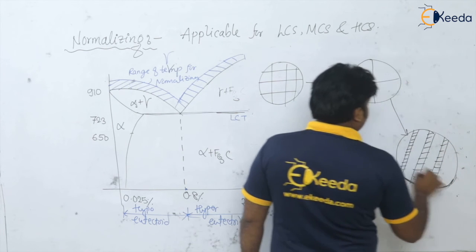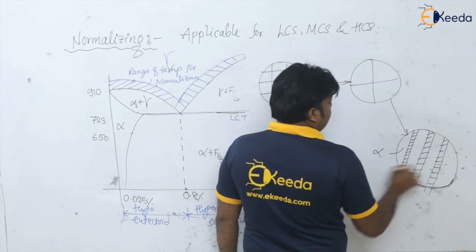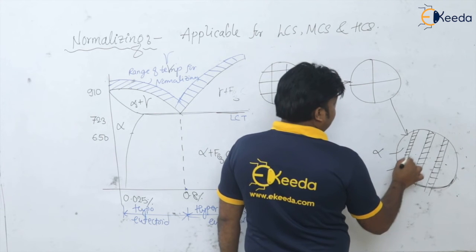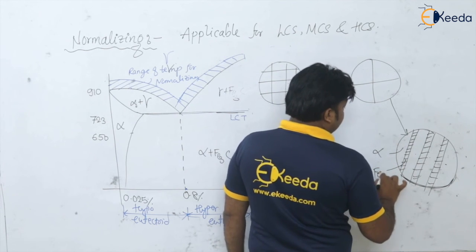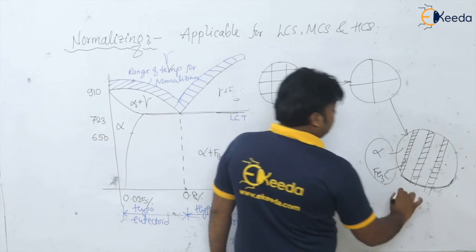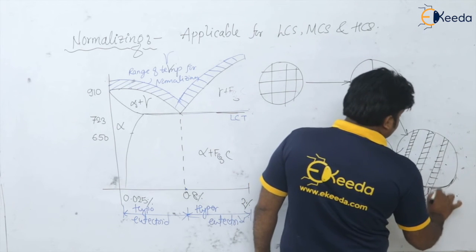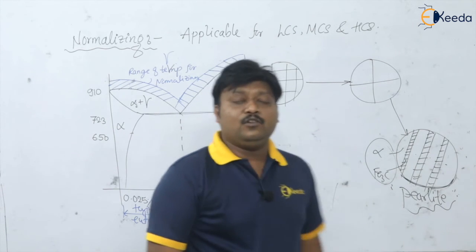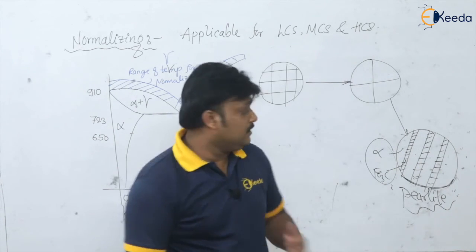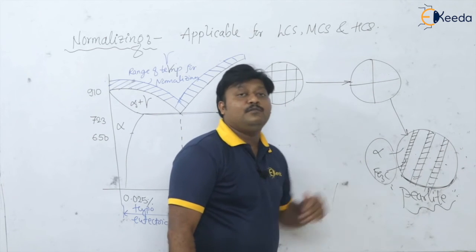So one layer, say this white color, will be ferrite, and this striped column will be the cementite. This is nothing but what? Ferrite plus cementite is nothing but the perlite, isn't it? This is the perlite. So the final microstructure generally in normalized specimens we are getting is this ferrite. Oh, sorry, perlite.